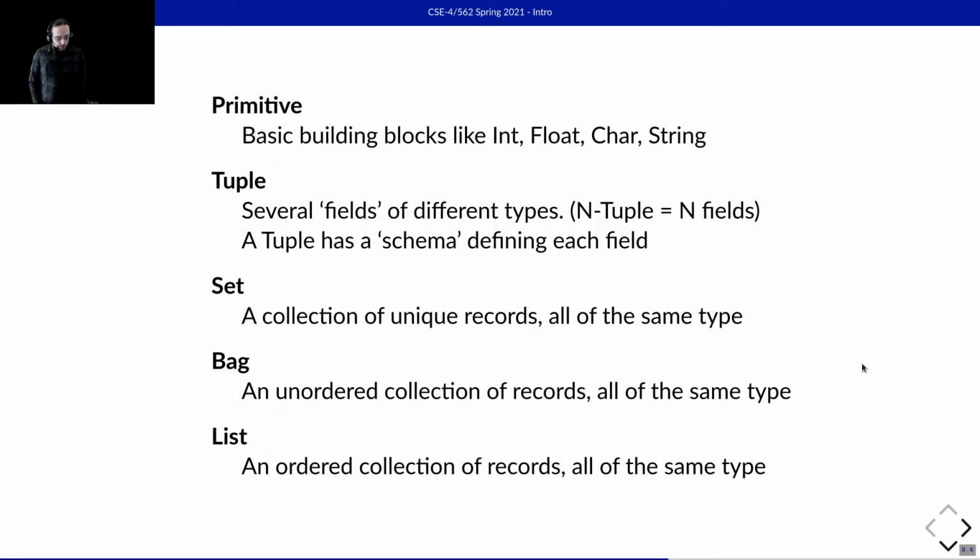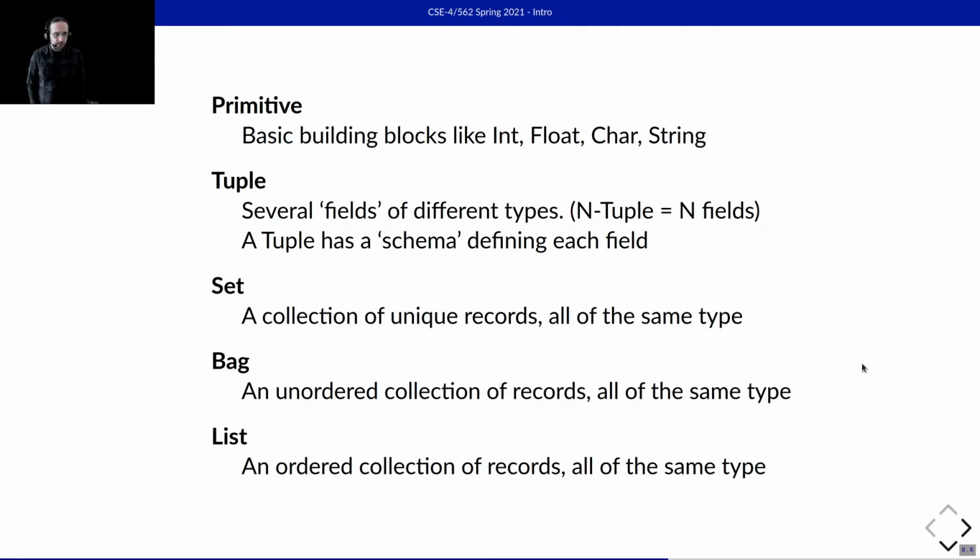I'm going to refer to basic data building blocks like integers, floating points, characters, strings. Yes, I'm including strings in here as primitives. Tuples are collections of primitives. Sets are collections of unique elements, and all of those elements have the same type.